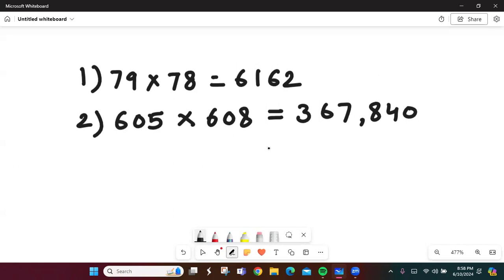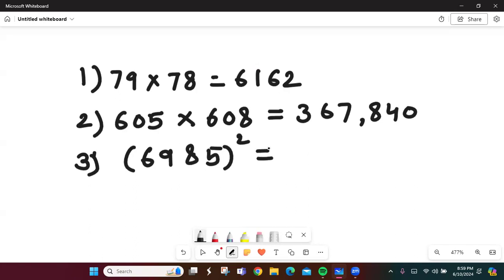And the third sum I'm giving you, try to find out the square of 6,985 using this particular method, and you should get the answer 48,790,225.